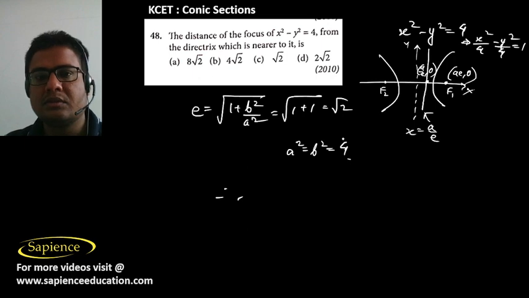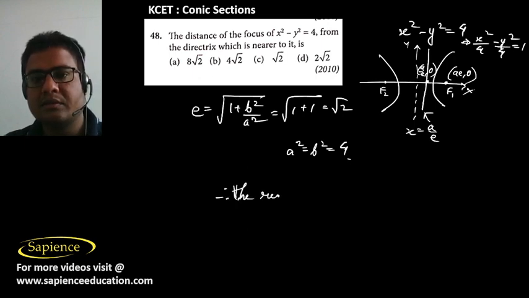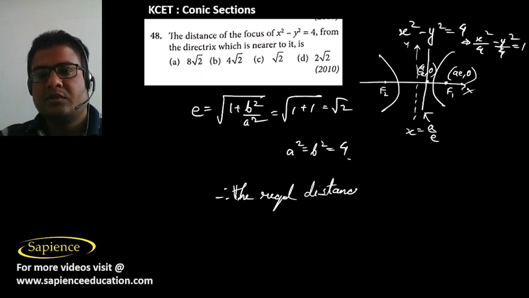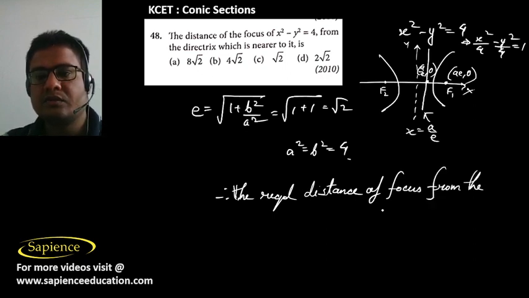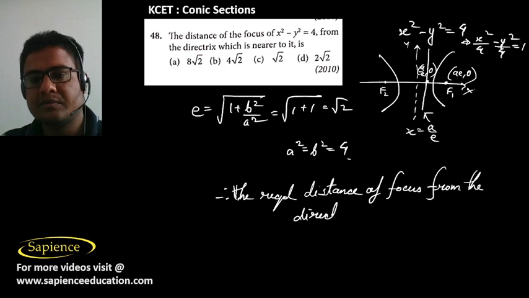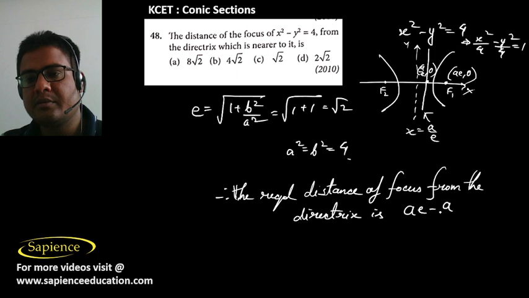Therefore the required distance of the focus from the directrix is given as ae minus a by e.